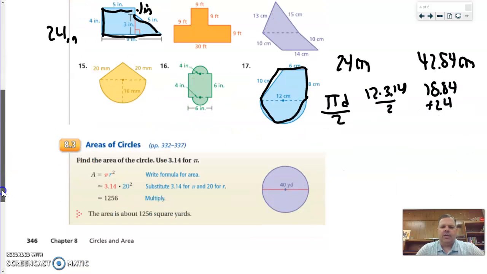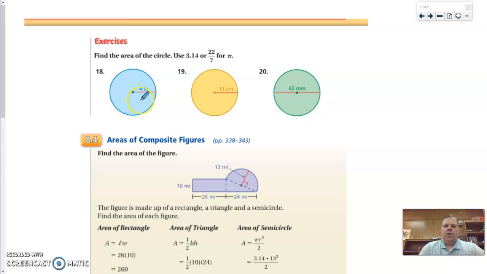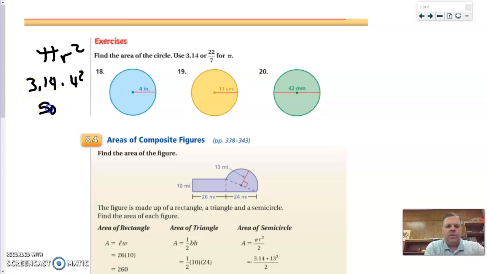In our final set of examples, we are going to find the areas of circles. Remember, our formula is pi r squared. When I look at this one, since we are using that formula pi r squared, we know that 3.14 times 4 squared. This is 16 times 3.14, which will give us 50.24 square inches because we are finding the area. As a reminder, I can do this one as well using 22/7 or 3.14.